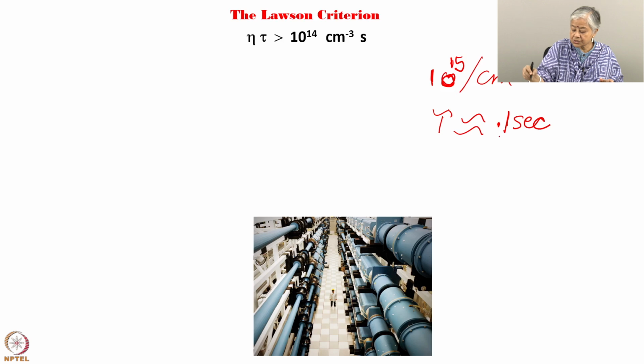So, 10 to the power minus 1, so 0.1 second. So, if I have a plasma of particles 10 to the power 15 per centimeter cube, then tau will be of the order of 0.1 second. That means all these particles have to be kept close together for 0.1 seconds, then only that fusion will take place. So, that is called the Lawson's criteria.